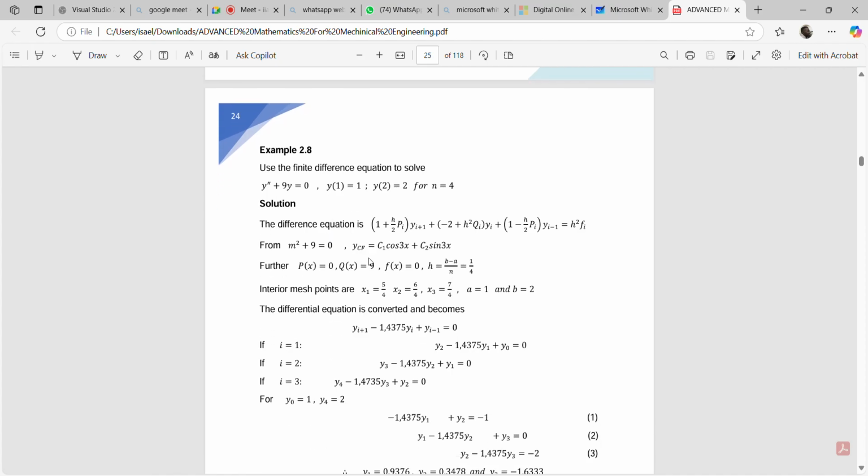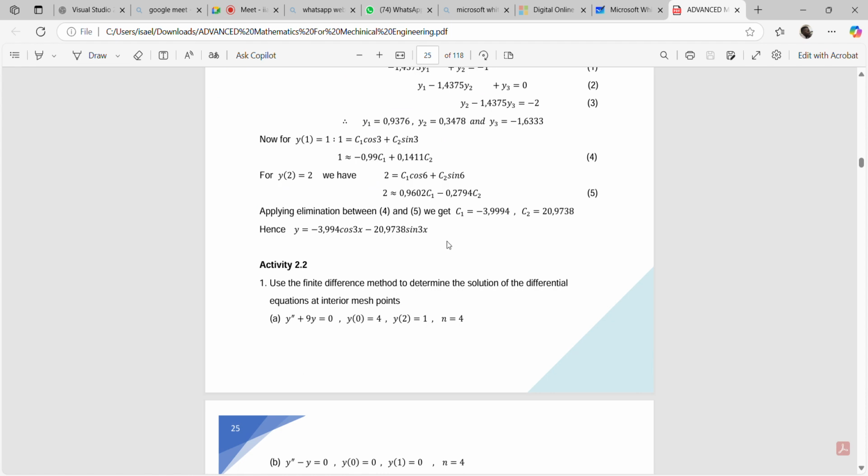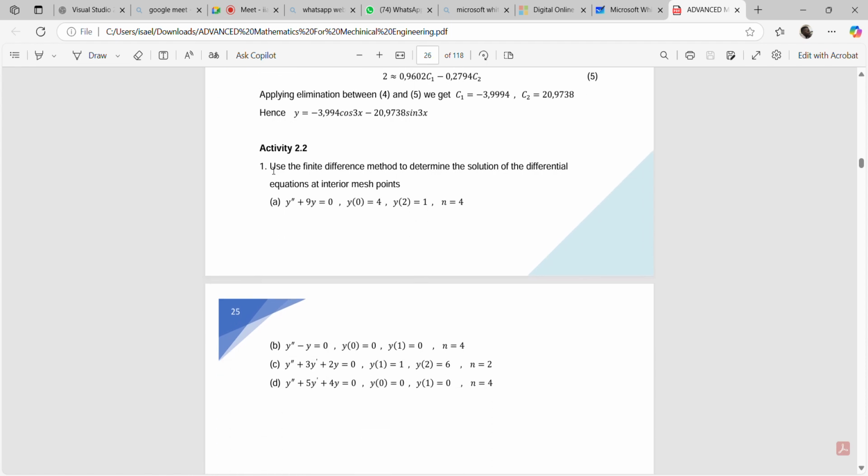Now, this one uses finite differences to solve, with your boundary limits. The question can also ask you to use finite difference at the interior mesh points. We use the same method again. It is the same thing, but be careful with the formula, substitution, and everything. This thing is easy, but it is also easier to make a mistake.